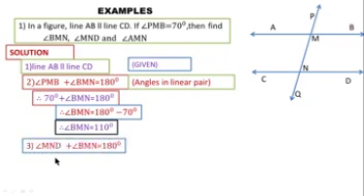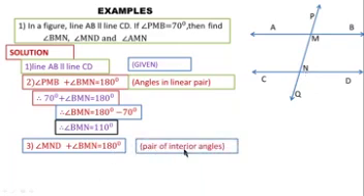Statement number 3: angle MND plus angle BMN is equal to 180 degrees. Reason: pair of interior angles.